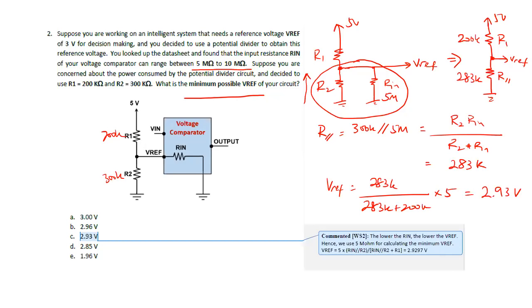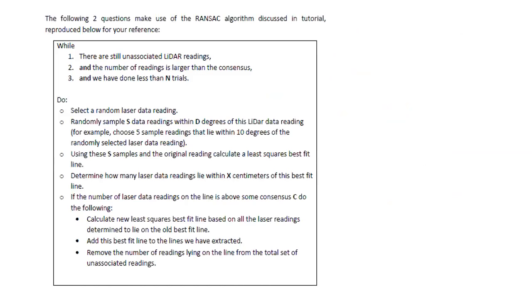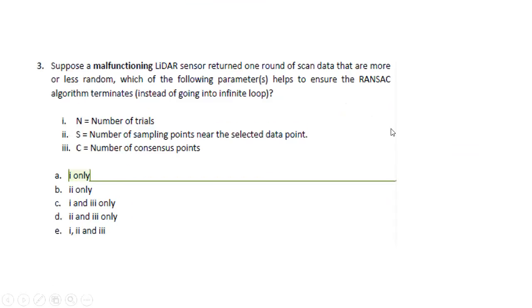Okay, so let me go on to the next question here. This question is looking back at the RANSAC algorithm discussed in the tutorial. All these steps here are the same as what we had in our tutorial class.